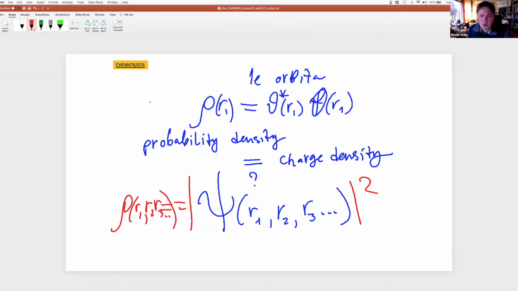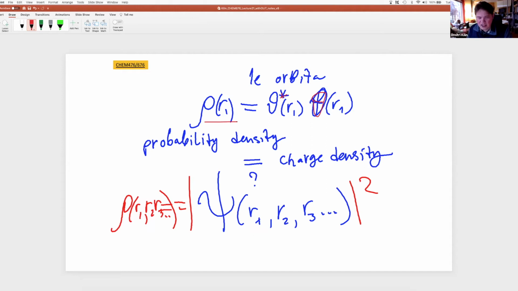In one-electron quantum mechanics, if you have only one electron, only one orbital, then by making a product of the conjugated orbital and the orbital itself, one gets a probability distribution or density. Right?